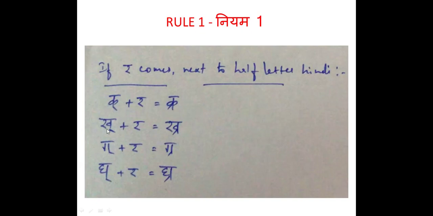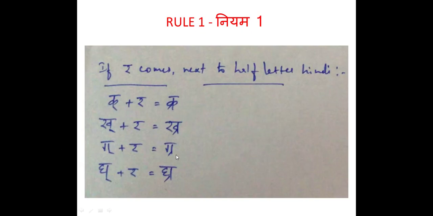This is also a half letter because the halant symbol is coming here. So now it is called k. K plus ra is equal to kra. This is ga. Now put halant, so now it is called g. G plus ra is equal to gra.